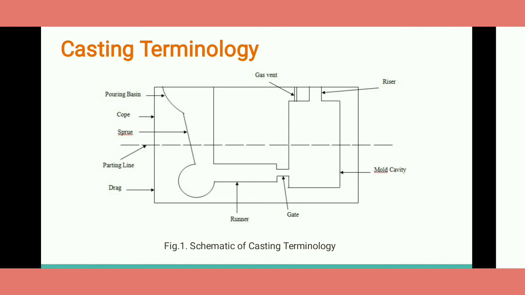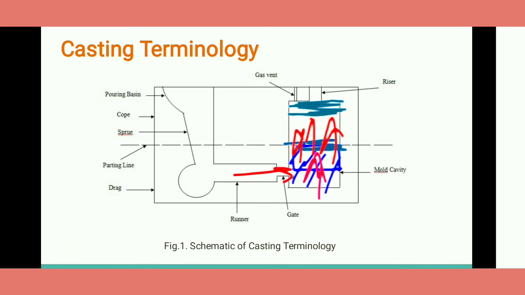One more thing: once this mold cavity is filled up to the parting line or half of the mold cavity, the molten material coming out from this gate will push the surface at the parting line in the upward direction, through which only this filling is possible. When that surface reaches the top of this mold cavity, that part of the material comes out because it is in liquid form.